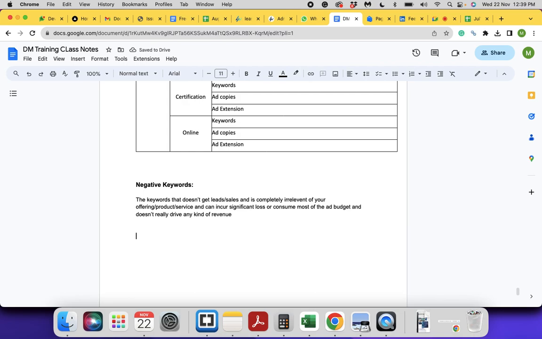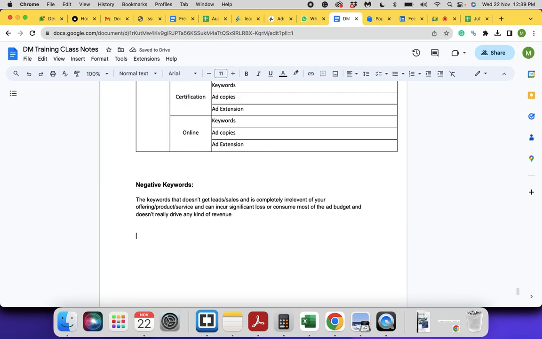Second scenario, you have to process the search terms. Search terms, not report, just search terms.